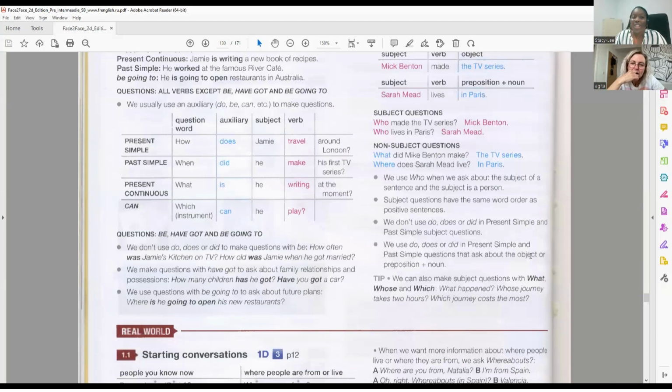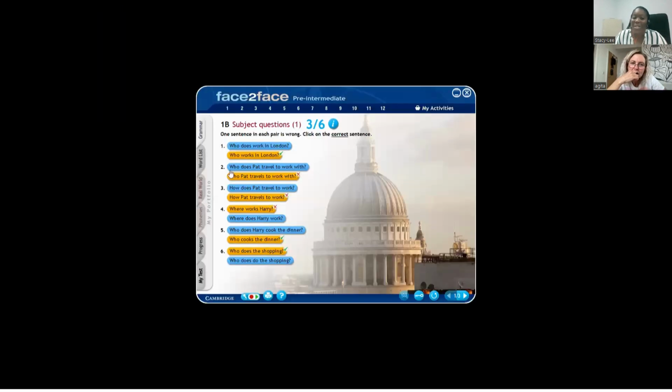Pat is who we know, and we're asking about someone else, right? So we need to use the auxiliary. Who does Pat travel to work with? Okay. How does Pat travel to work? Because we know Pat already, it's not about Pat. It's how she travels to work. So we have to use an auxiliary.